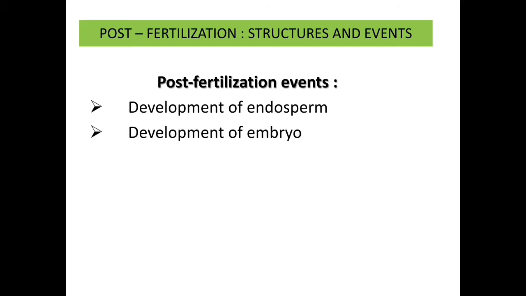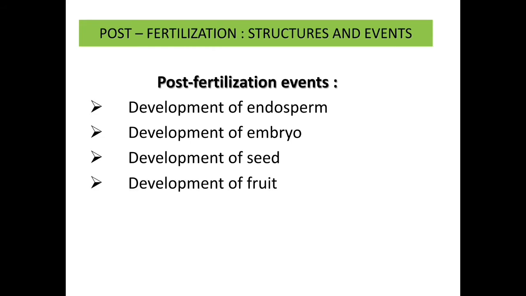Number 2, development of embryo. Number 3, development of seed. And number 4, development of fruit. So these are the 4 events that are seen during the post-fertilization process of sexual reproduction. So now let us learn one by one.